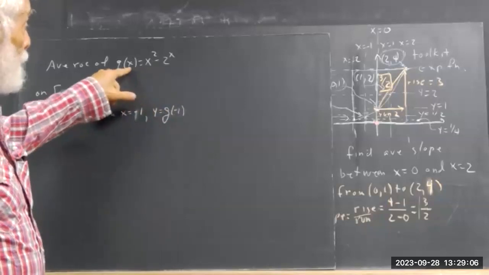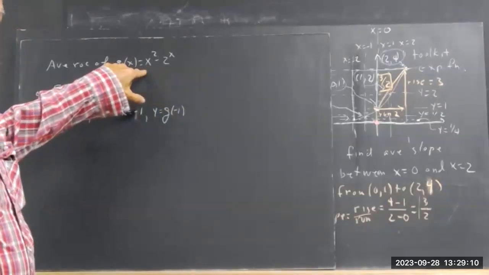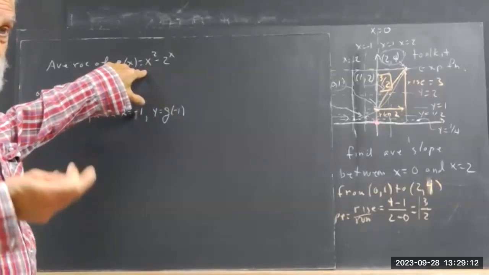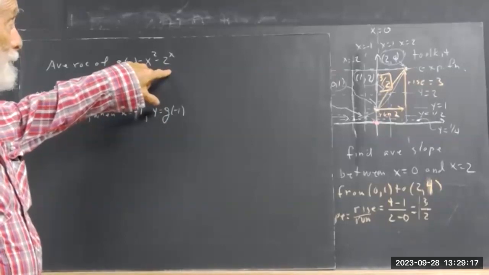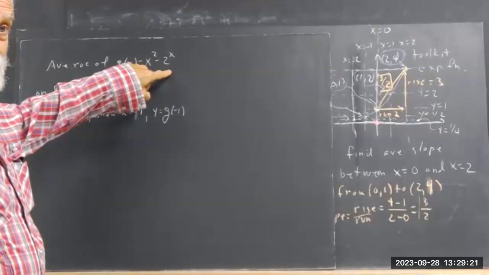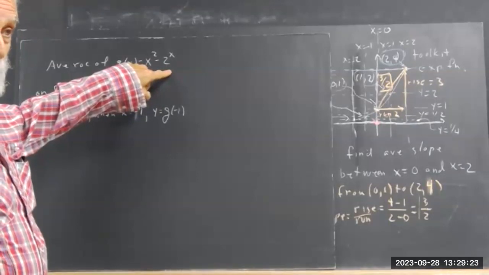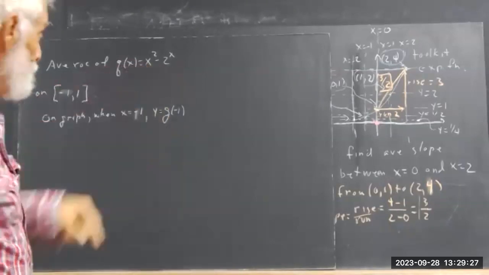Well, you plug x in. X has been replaced by -1, so replace x by -1. If you square -1, you get what? Show me with your fingers. Yes. And if x is -1, what's 2 to the x? 2 to the -1 is, yeah, 1 over 2. Okay.